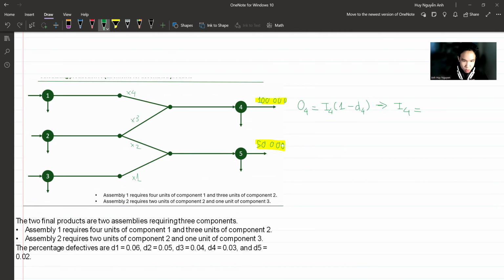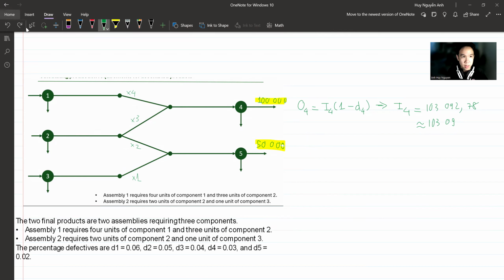So I4 here is nearly 103,093. And the same thing is for O5, right?